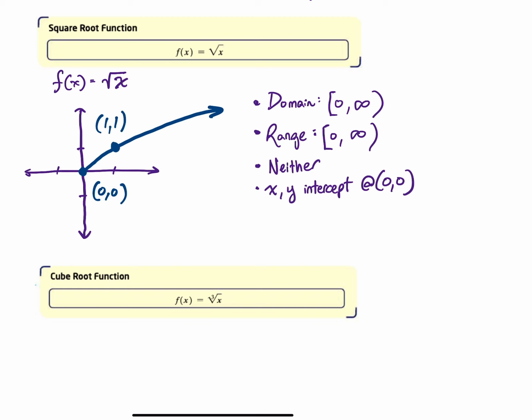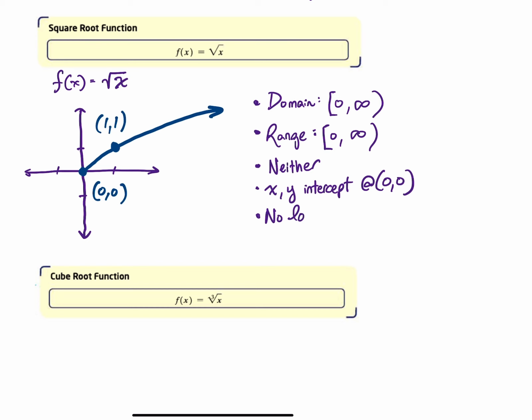It doesn't have a local minimum, but we do have an absolute minimum. So again, we can't call this a local minimum because we can't produce an open interval around it. It's at an edge point. So we can only include it as the absolute minimum of the function.